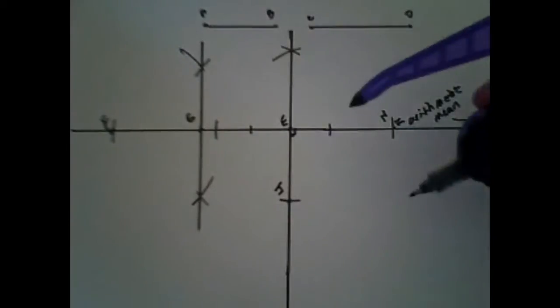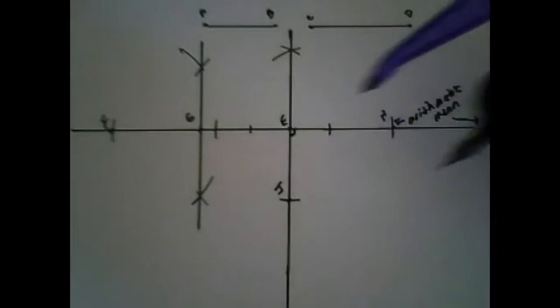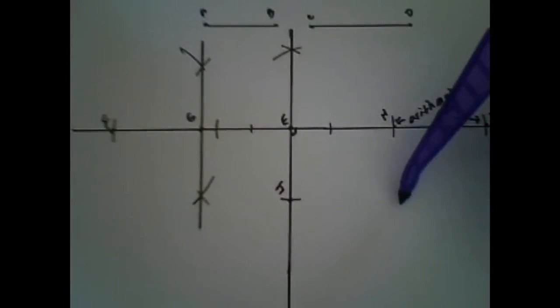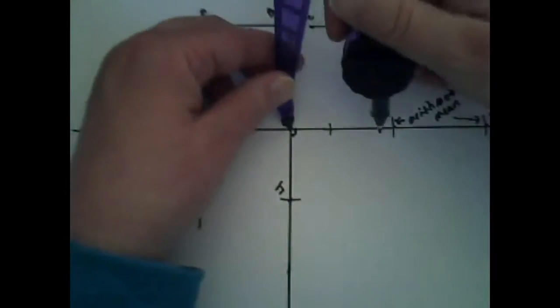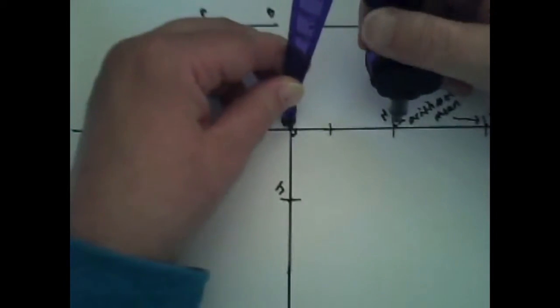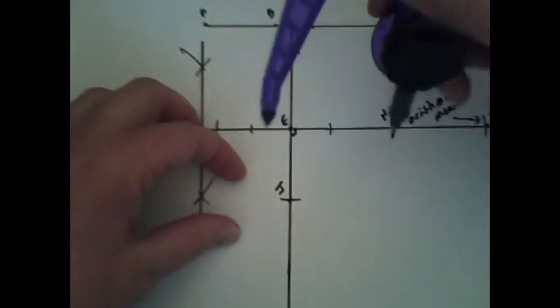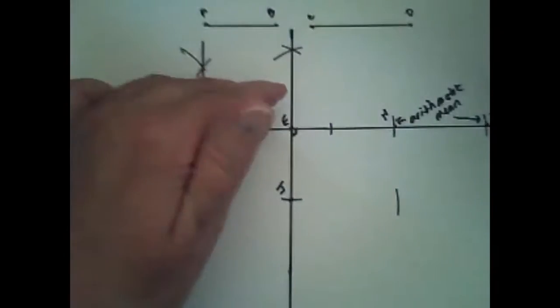And that is we need to complete a rectangle that will have E and H and J and some other point out here as its vertices. So keeping in mind that the opposite sides of a rectangle have to be congruent, I'm going to measure from E to H, so that's the length of the longer side of this rectangle, and I'm going to copy that length here.